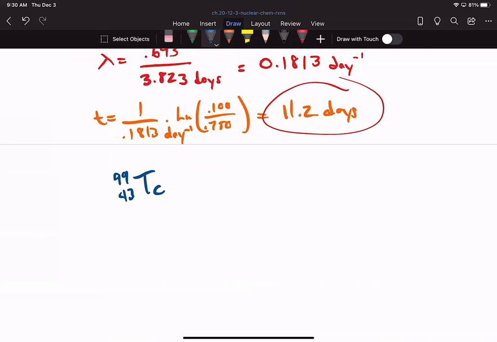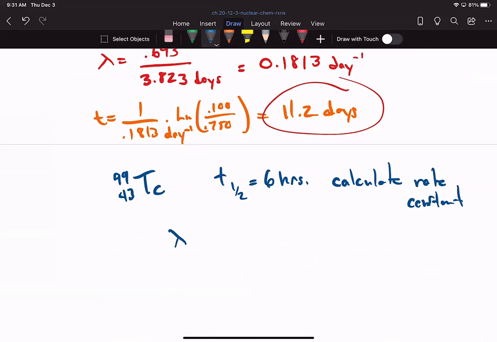They use this in order to look at heart tissue, lung tissue, and liver tissue, and that's what this is used for. So if we give you that this has a half-life of about 6 hours, let's calculate the rate constant. Again, we're just going to use this formula.